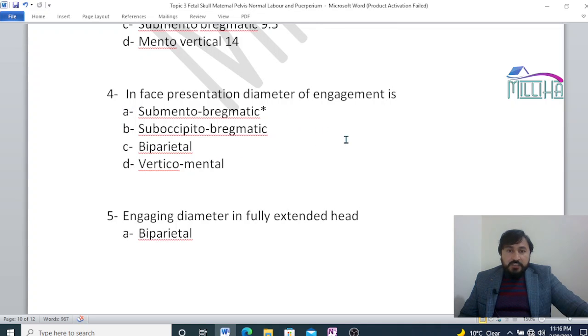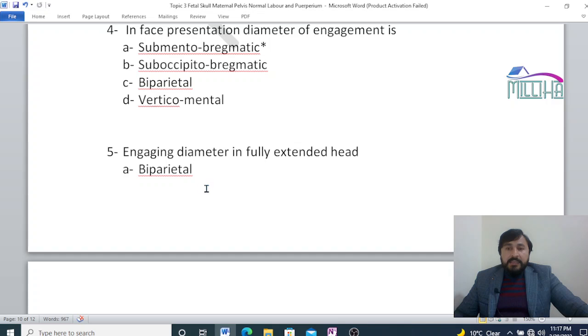In face presentation, the diameter of engagement is submentobregmatic. This is submentobregmatic, here is the bregma. You should remember this.